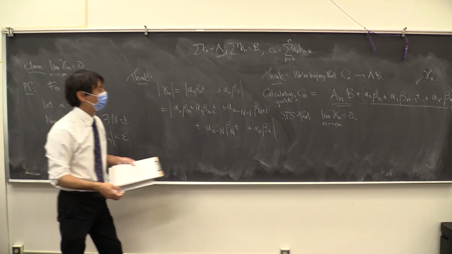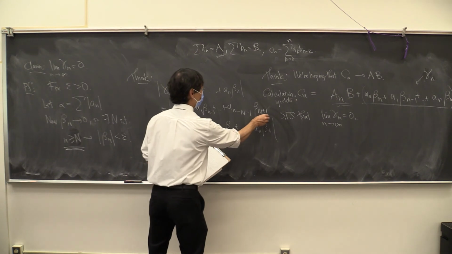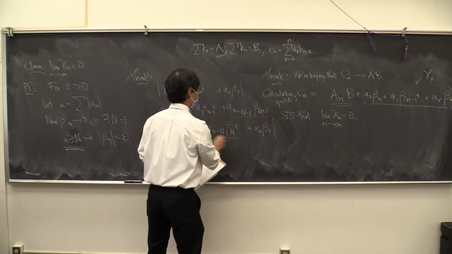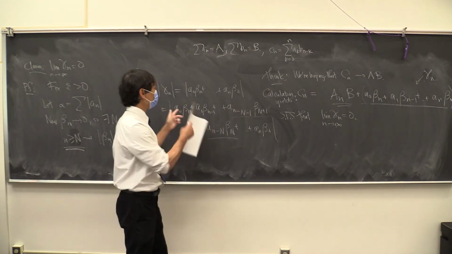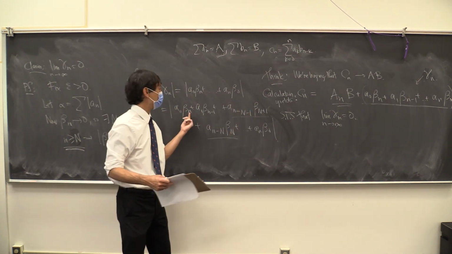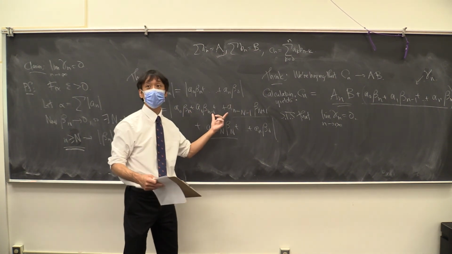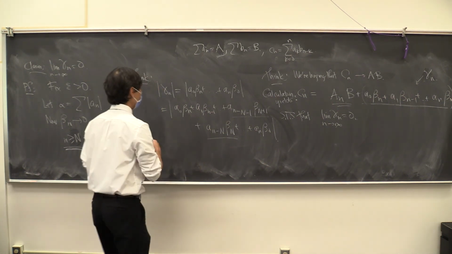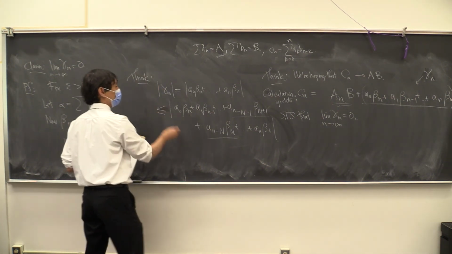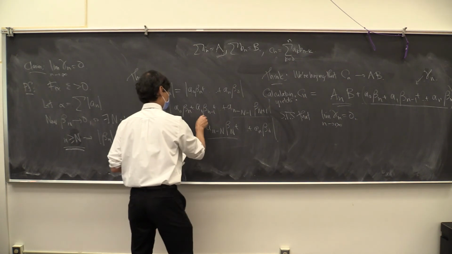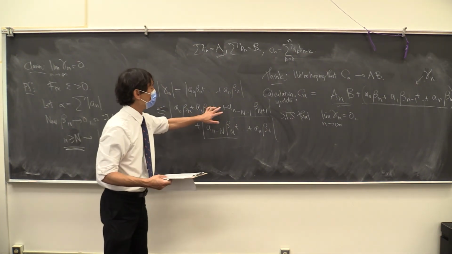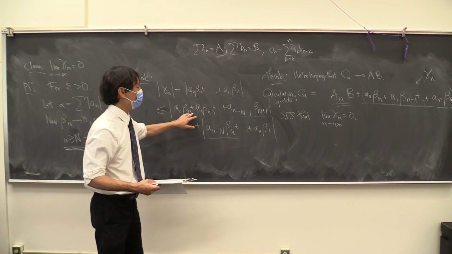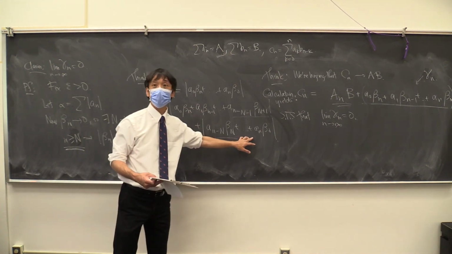I'm just pointing out that there are terms where the index on the beta is big. I'm going to use the triangle inequality and break this into two parts: the terms where the index on beta is big and the terms where the index on beta is small.